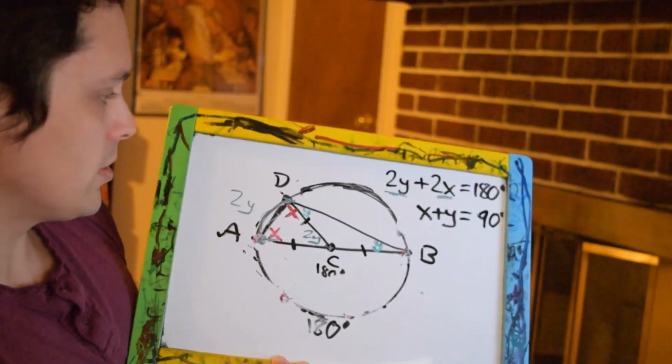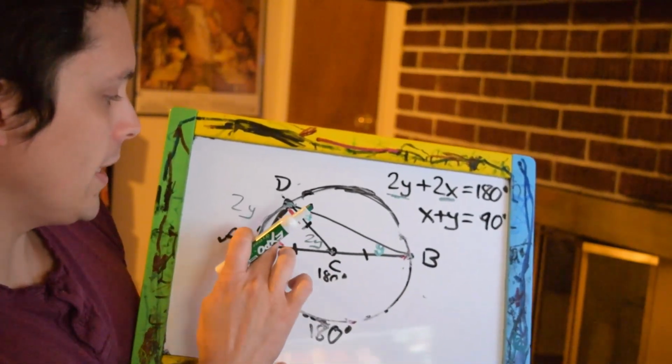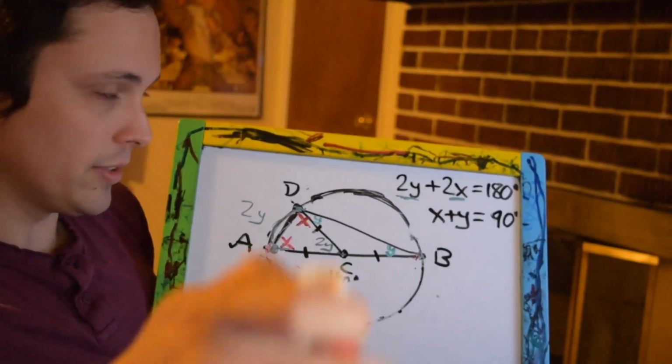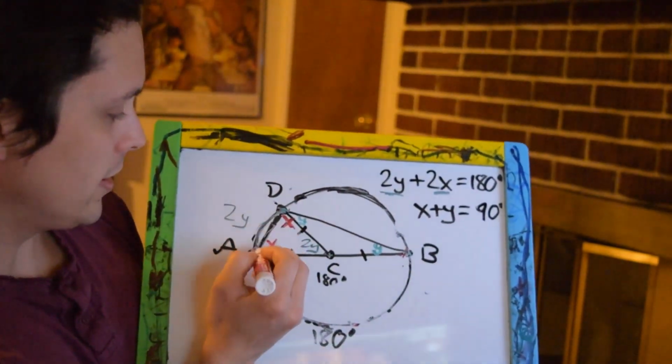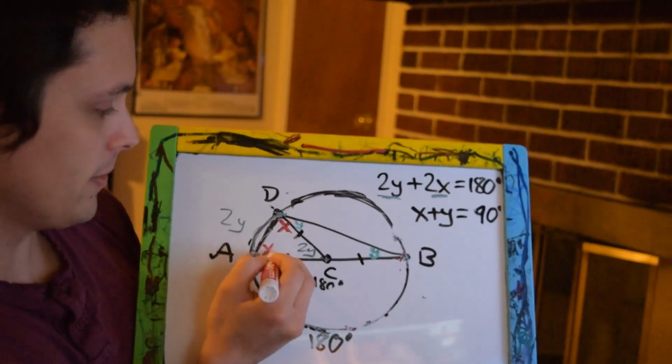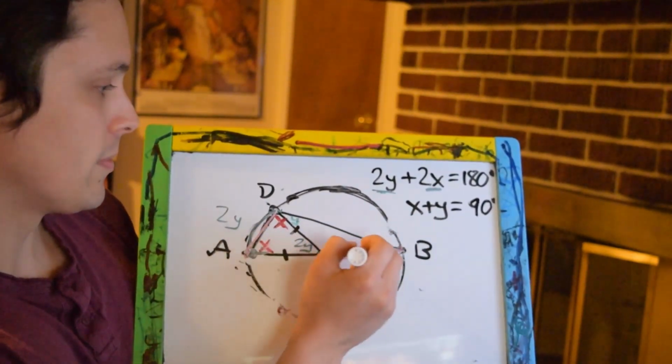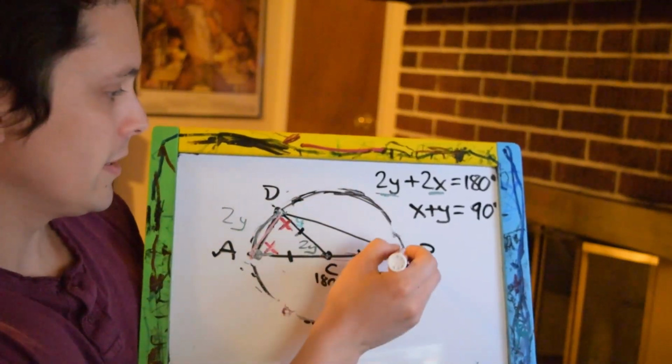We could also do that right here. If we focus on the red angles, I have angle x right here, and you could think of that as an inscribed angle from arc DB.